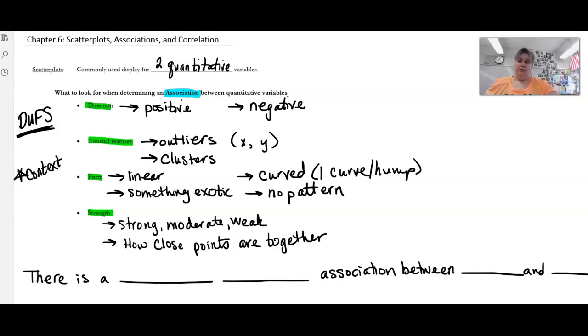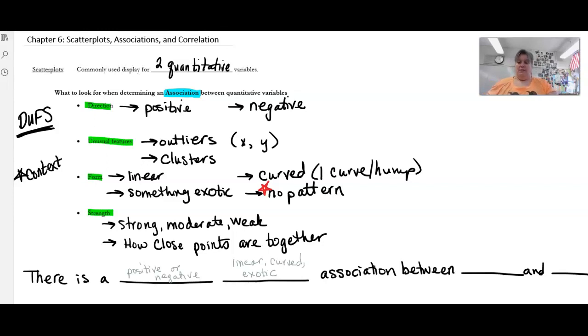Okay, so this right here, I'm going to use this little pencil, it's going to be thin, but this is where you're going to say positive or negative. And then this is where you're going to say what type: linear, curved, exotic. If something has no pattern, you're just going to say there does not seem to be an association between blank and blank because there is no pattern. You don't have to talk about the other things because everything doesn't really fit.